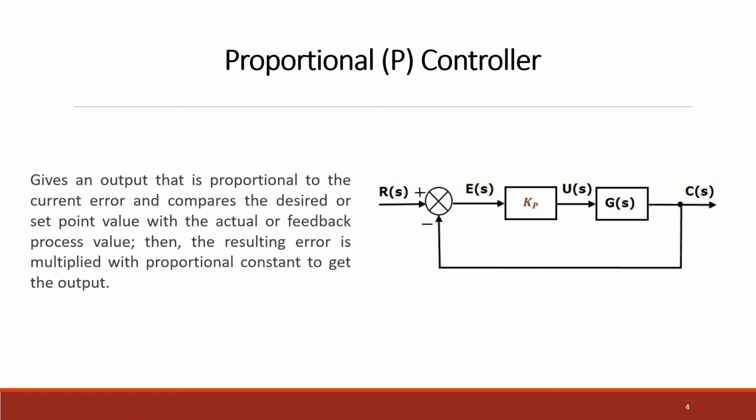Specifically, the P controller gives an output which is proportional to the current error, and compares the set point value with the actual or feedback process value. Then, the resulting error is multiplied with proportional constant Kp to get the output.